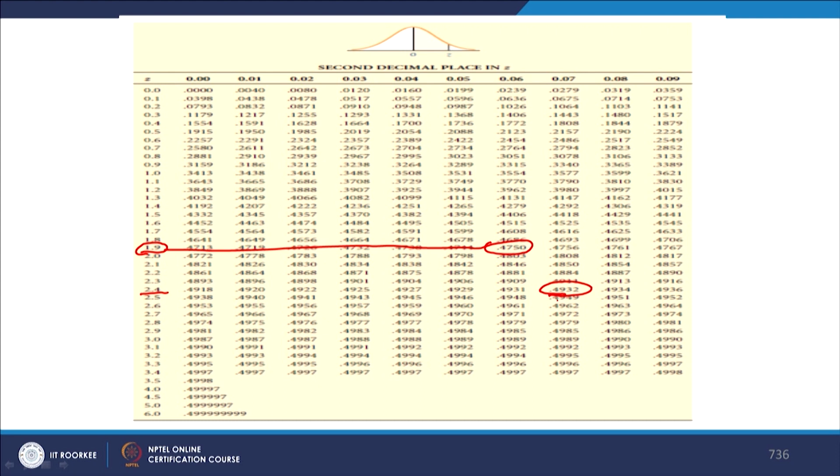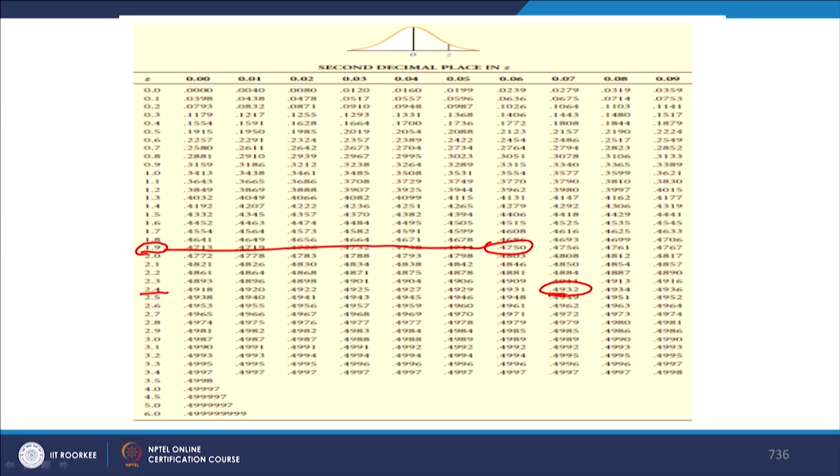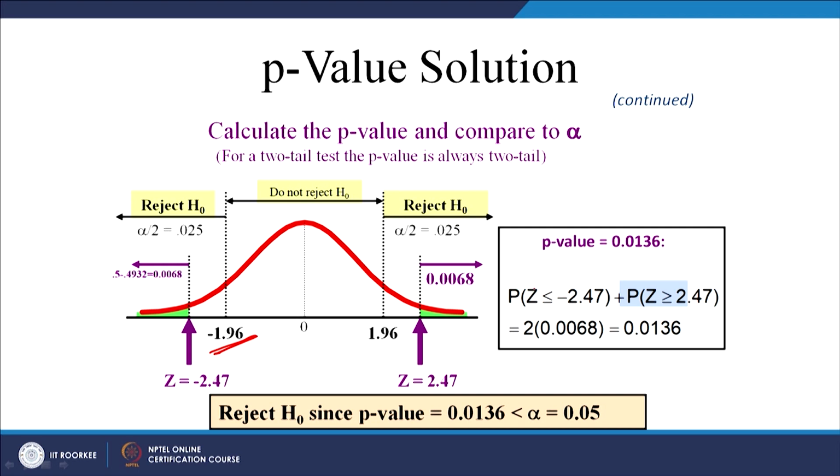So, the z value which we have calculated is 2.47, right. At 2.47 the area under the curve is 0.4932.